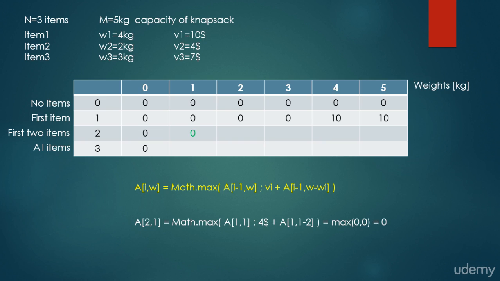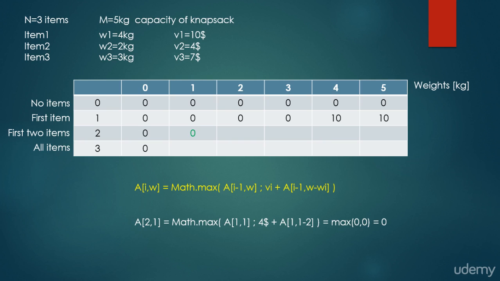Because the index 1 minus 2 is equal to minus 1, and our table starts at 0, it is an invalid index, so we consider it 0. So we have to decide the maximum between 0 and 0, which is 0. So we put a 0 in A row index 2, column index 2.